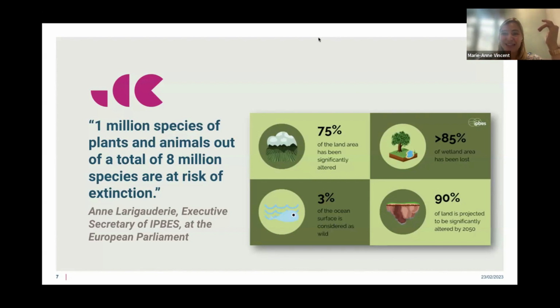And now we can see new oceans, the plastic oceans, coming up, definitely caused by human activity. 85% of wetland area has been lost, and we will see that it's key to have this wetland area for regulation of many things in terms of biodiversity.